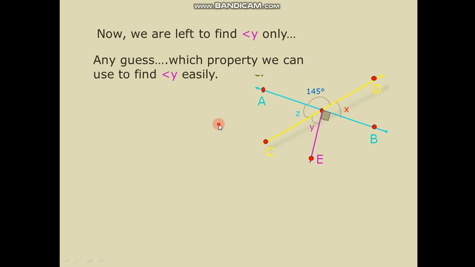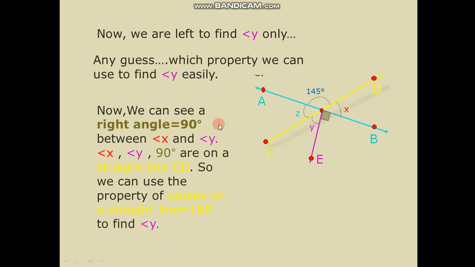So we can use the property of angles at a point as well, by subtracting all the given angles from 360 degrees. But here I am going to use the property of angles on a straight line, because angle y is also on a straight line. Angle y plus 90 degrees plus angle x equals 180 degrees.